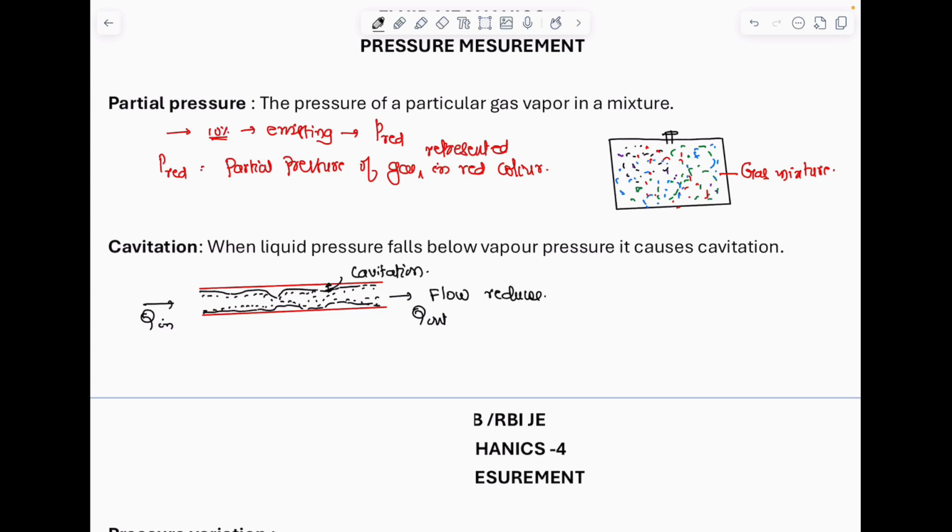Now, tell me, under the cavitation process, it's a process, it happens, it reduces the performance.